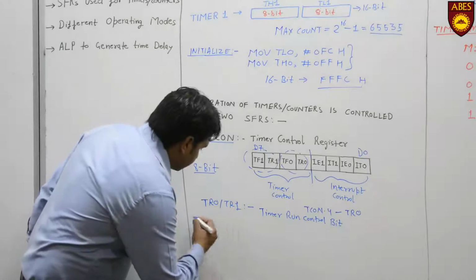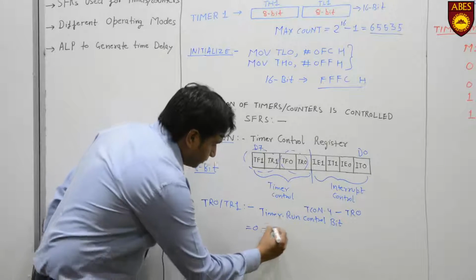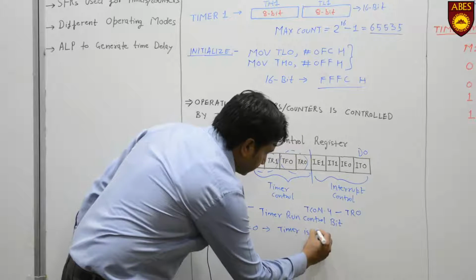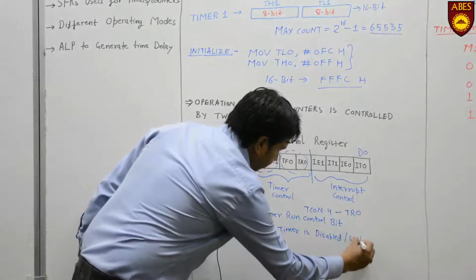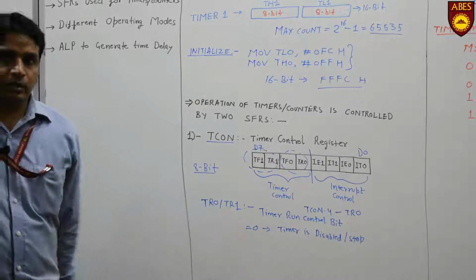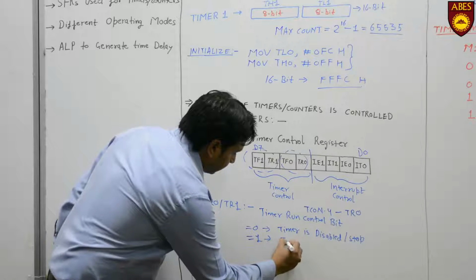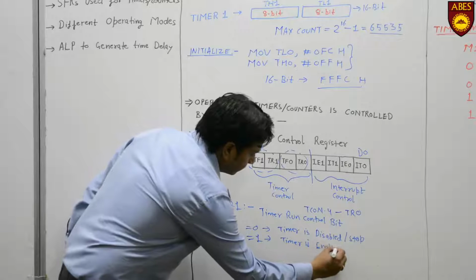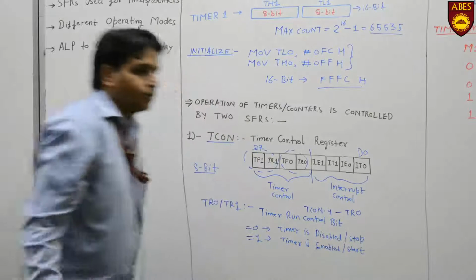If the value of this bit is equal to 0, then we say the timer is disabled or in the stop position. And if the value of this particular bit is 1, then the timer is enabled or it is in the start position.